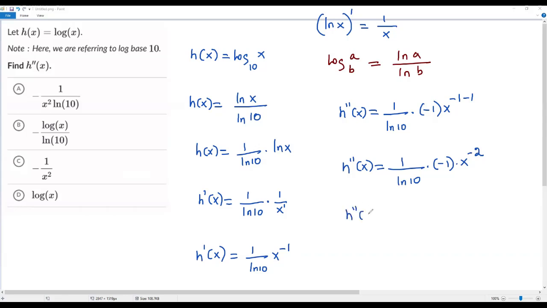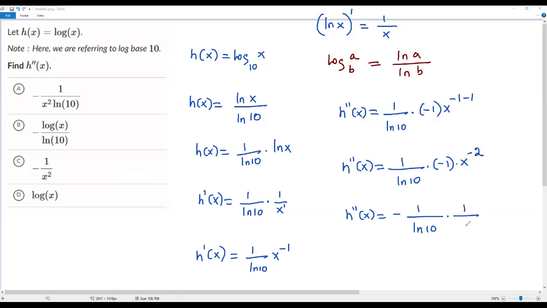Okay, h double prime of x equals, when I multiply this 1 and negative 1, it will become negative 1, or it can be written as negative 1 over ln 10. And here for this x, we have a negative exponent. So to make this negative exponent positive, I have to move this term x to the negative second power to the denominator. When I move it to the denominator, the exponent will change its sign, that is, it will become positive 2.